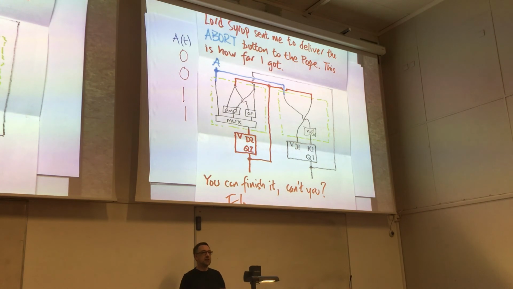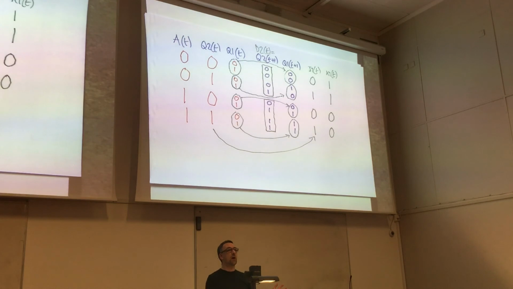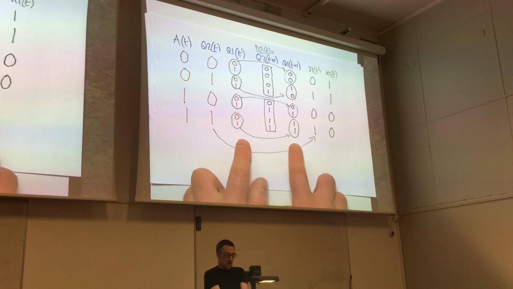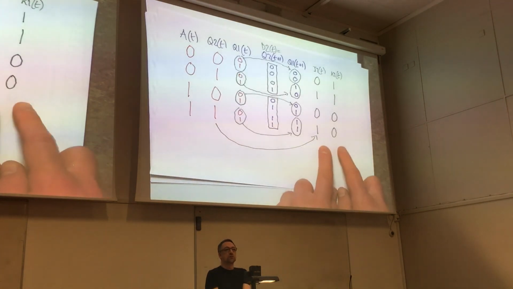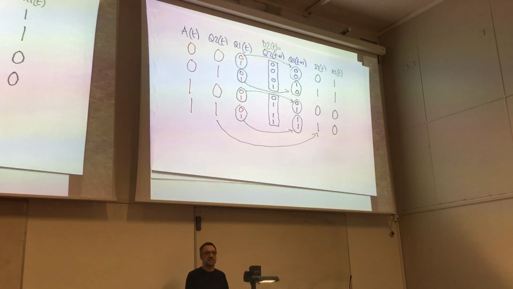I'm sure the abort button could be in no better hands. Okay, everybody see how we did that? Absolutely typical flip-flop question. Figure out the updates you want, figure out what control signals produce those updates, and then do the electronics to get those control signals. That's the way these things go.